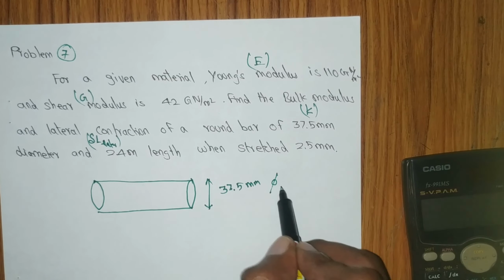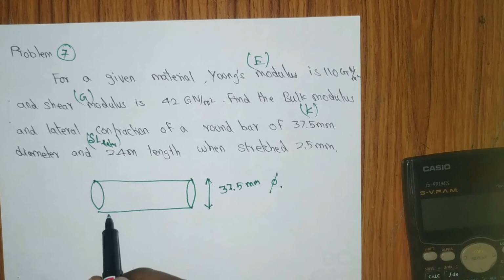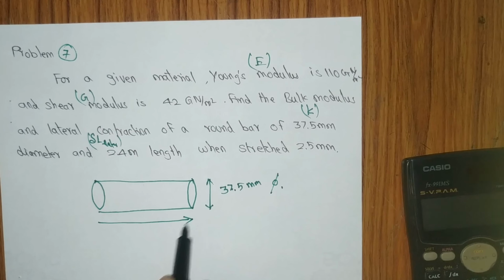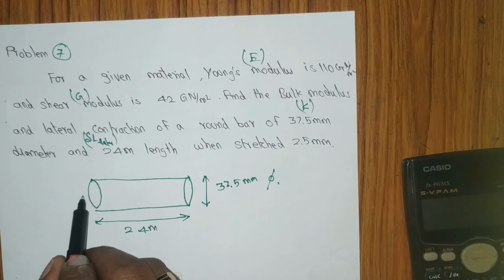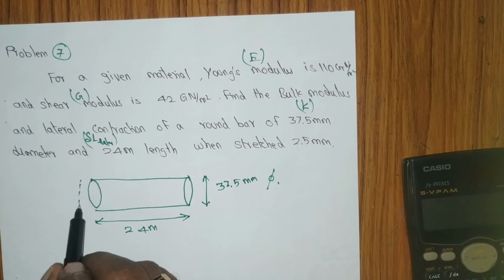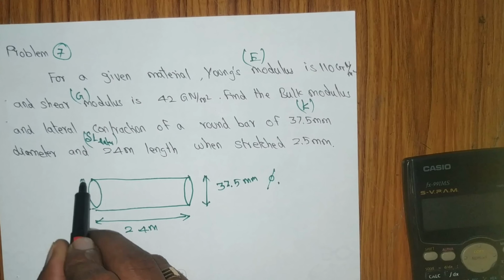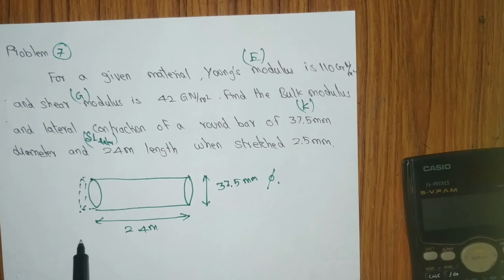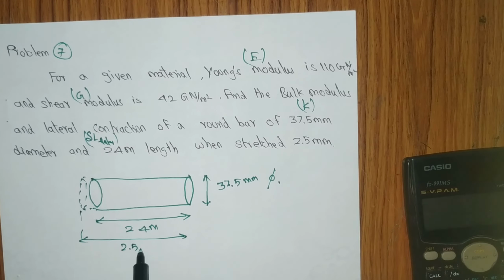And the length of the bar is 2.4 meter. When you apply the load, it will stretch up to this dotted line. Due to stretching, it will go up to 2.5. That is the stretching length.